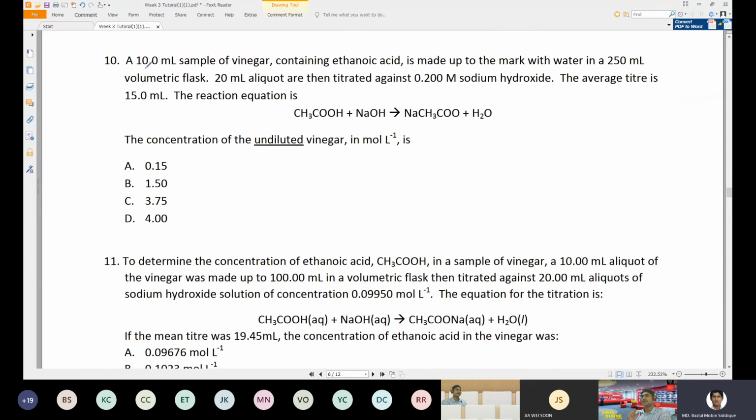10. A 10 milliliter sample of vinegar containing ethanoic acid is made up to the mark with water in a 250 milliliter volumetric flask. 20 milliliter aliquots are then titrated against 0.2 molar sodium hydroxide. The average titer is 150. So again, the same thing.